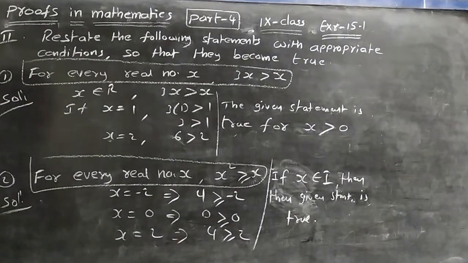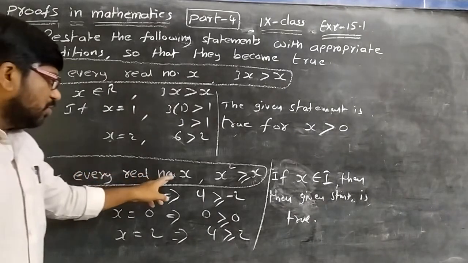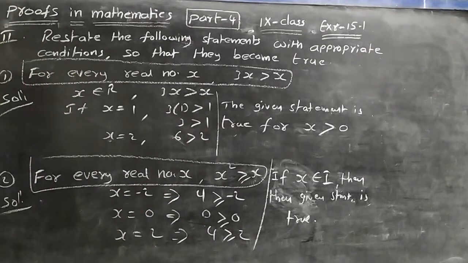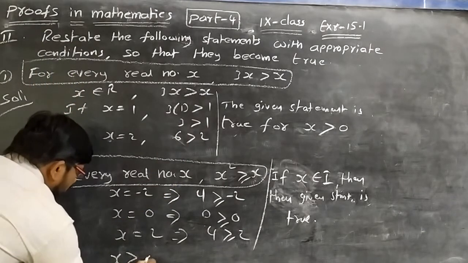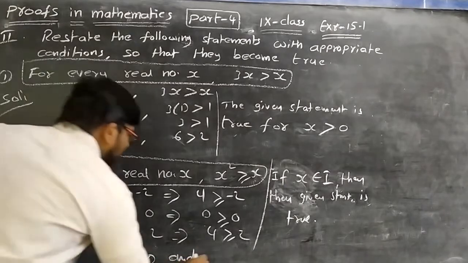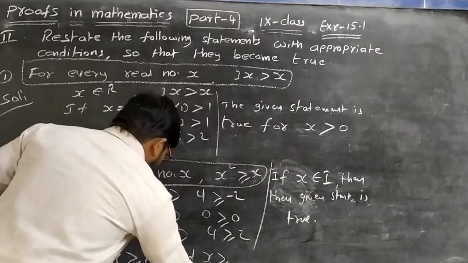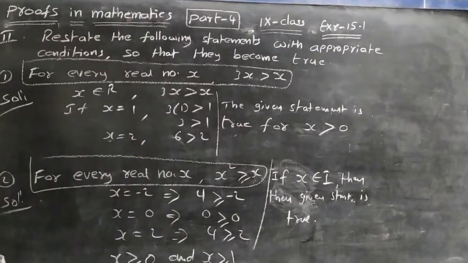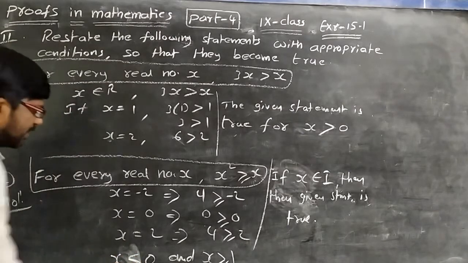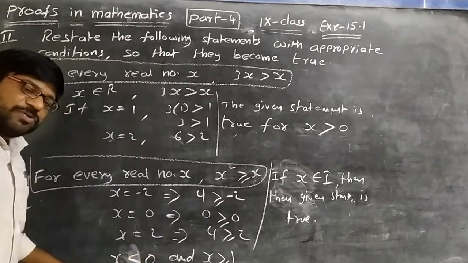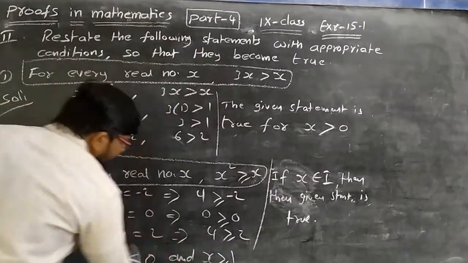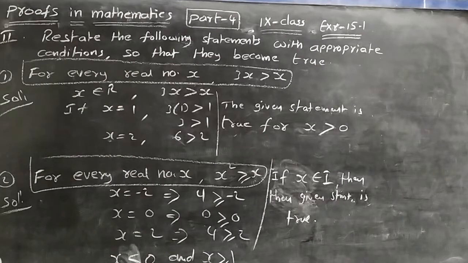Don't take fractions, only integers. The condition is x greater than or equal to 1, sorry, x less than or equal to 0, which means negatives and 0, and positives from 1. For both conditions, that is true. Okay.